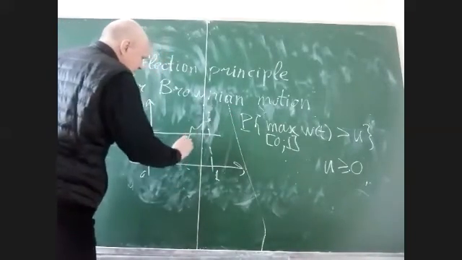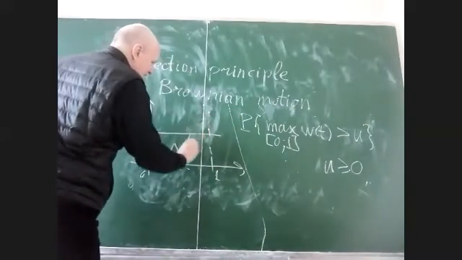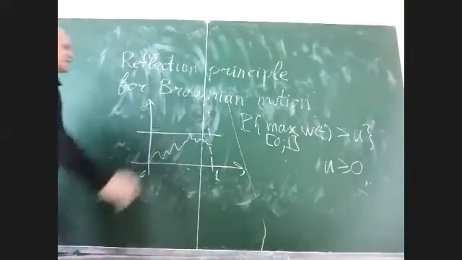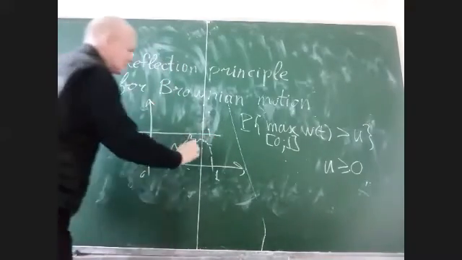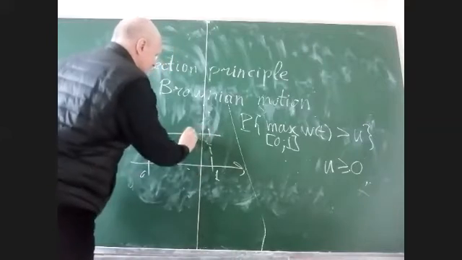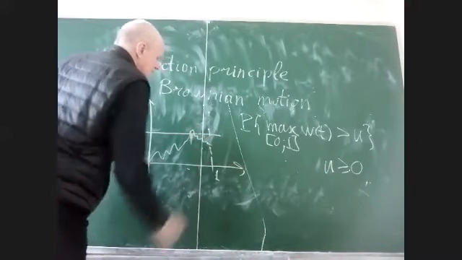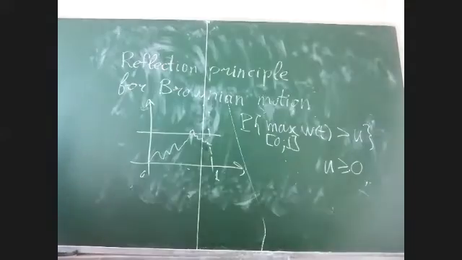Another situation is the following: it hits level U, and then goes down.